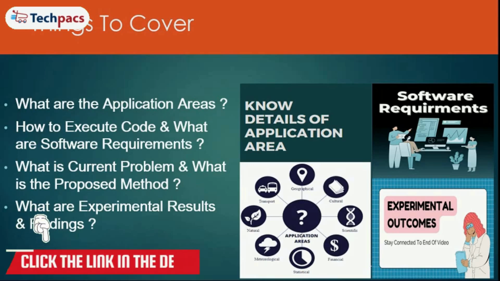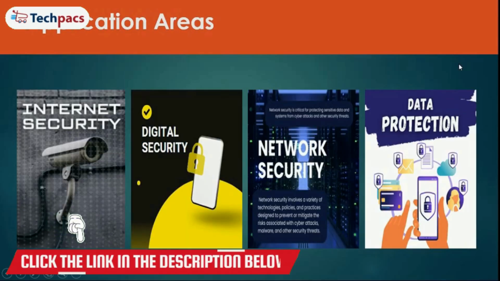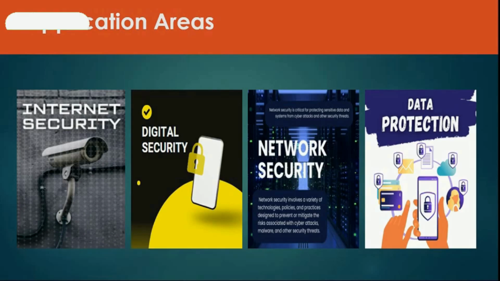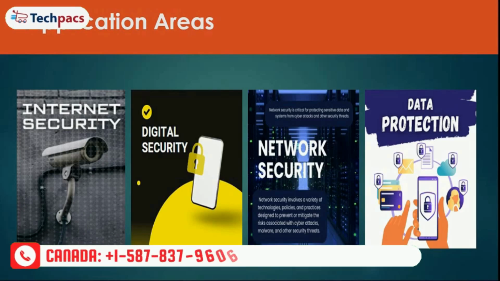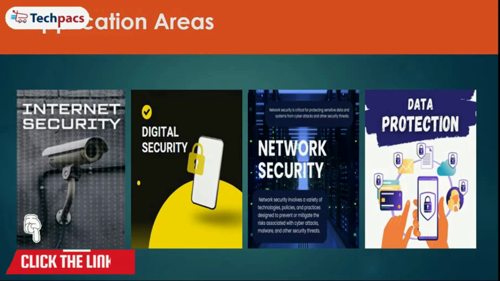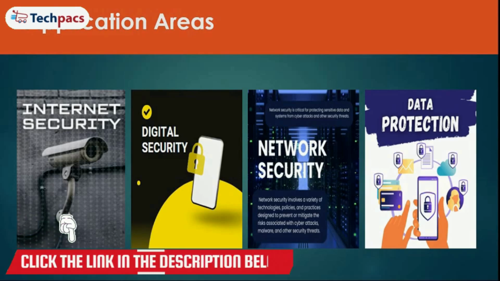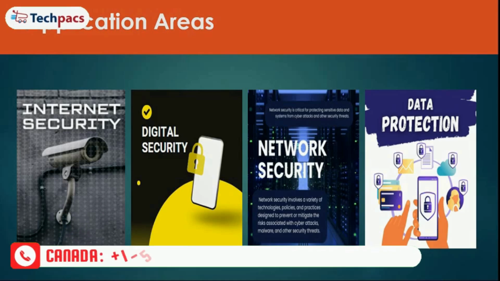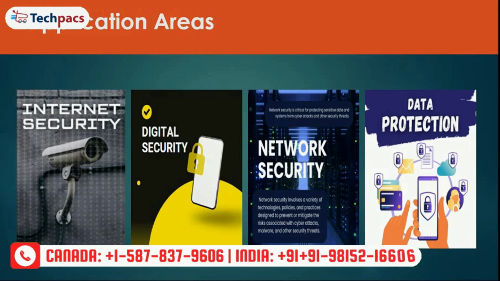So let's talk about the application areas. Internet security: when data is transmitted over the internet, whether in IoT or wireless communication, internet security is a crucial section. Other than that, digital security, where credit or money related transactions are considered, or your personal information is involved.